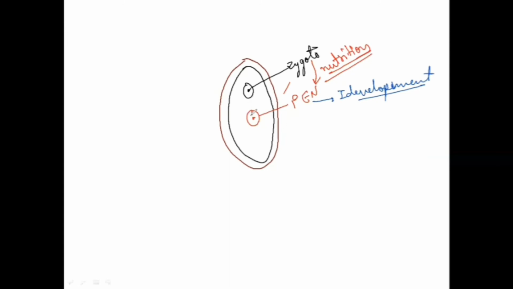This PEN will first divide its nucleus and then will divide in the cellular division, making the PEN expanded, forming the endosperm like this, occupying the complete space of this embryo sac.